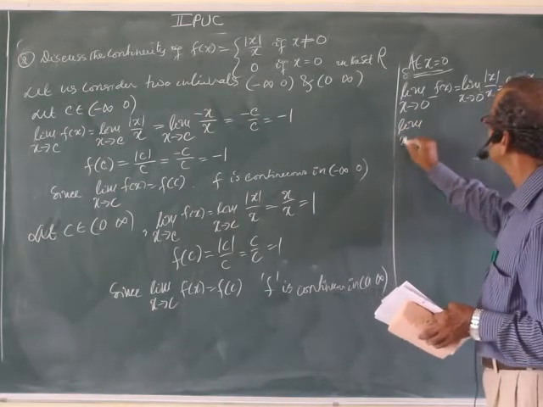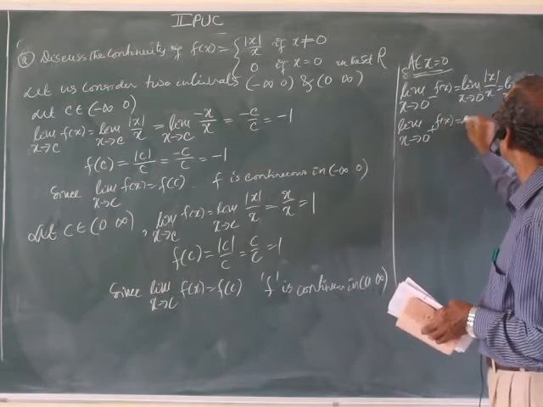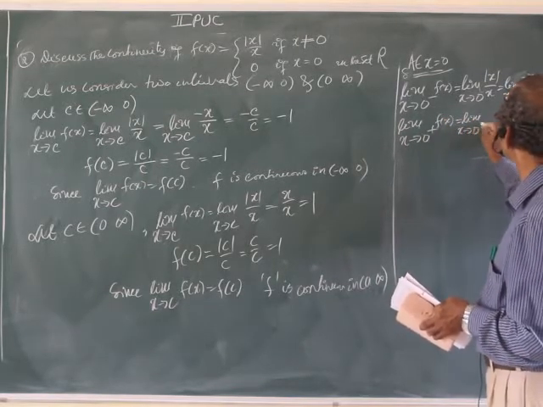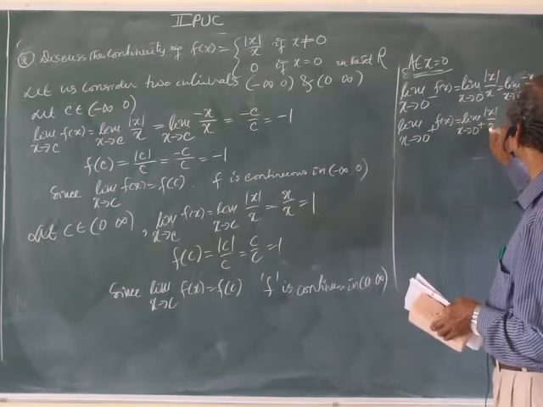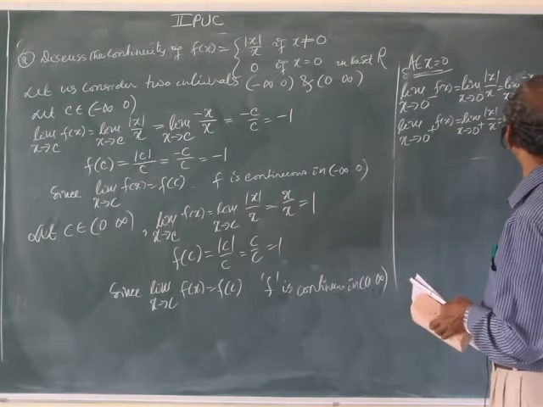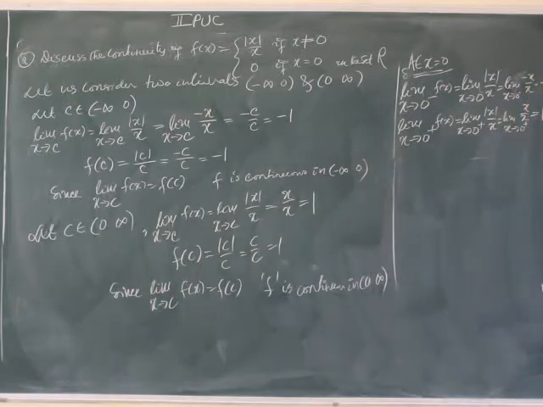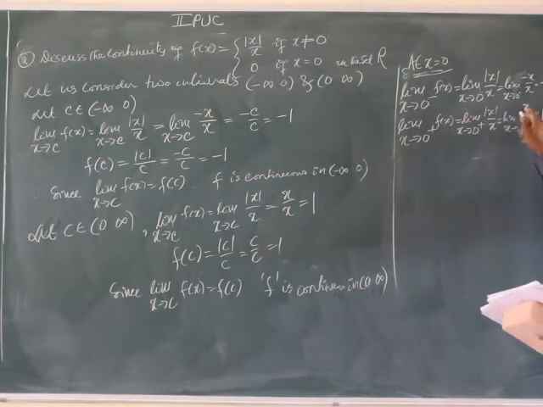Limit x tending to 0 plus f of x, limit x tending to 0 plus mod x by x, limit x tending to 0 plus x by x, 1. Here it is minus 1 because when it approaches 0 from the negative side, modulus of the negative quantity is minus x. If it approaches 0 from the positive side, modulus of x is x itself, 1.